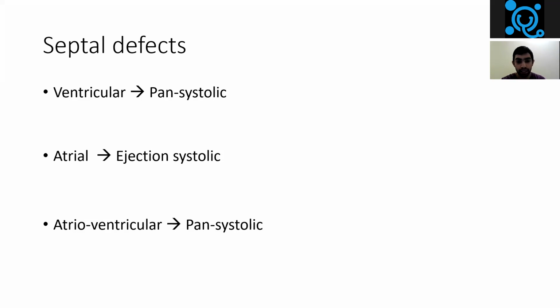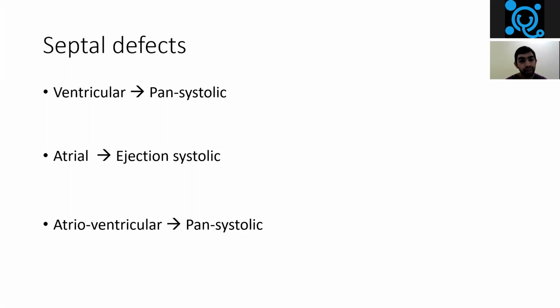And then as things become less severe, your heart anatomy starts becoming a bit more normal. But because there is a ventricular septal defect here, the pansystolic murmur will dominate. So you will, of course, get an element of ejection systolic as well, but because there's a ventricular septal defect, a pansystolic murmur will occur throughout the heart.